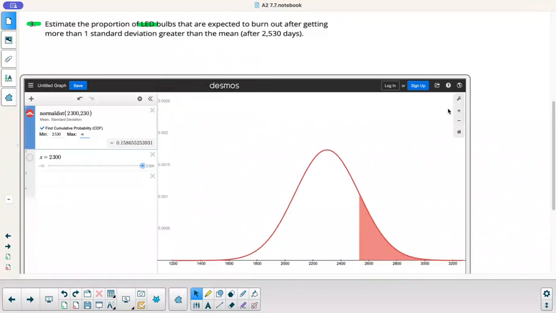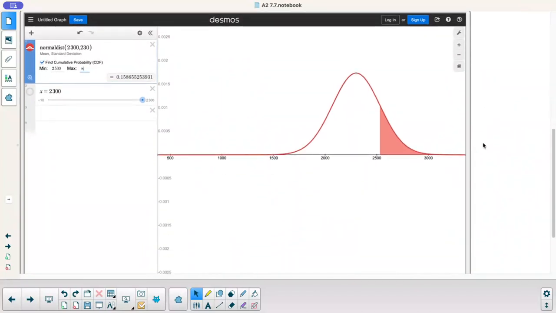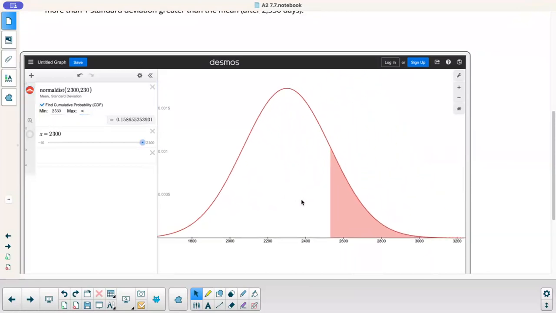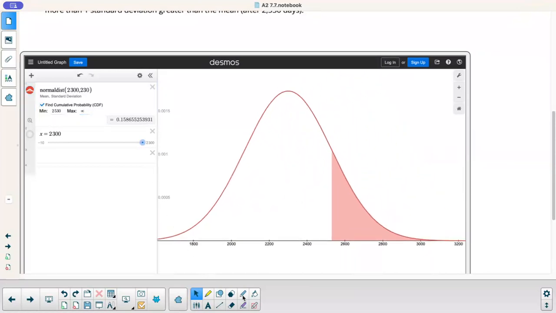So it's actually going to be that region right there. Okay. So that's going to be the same number, 0.1587, because it's really kind of symmetrical, what I had before. All right. And then we're going to go on to the next question here.